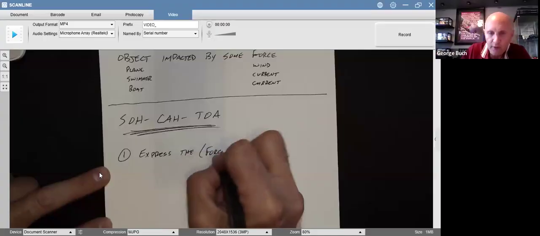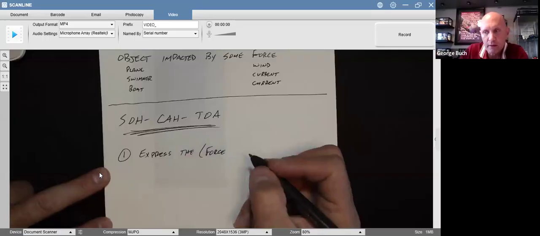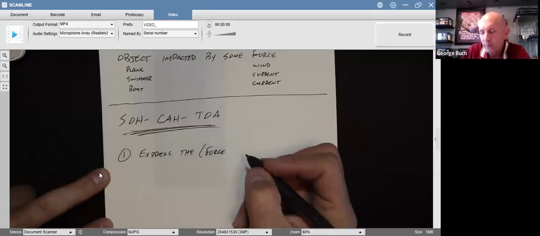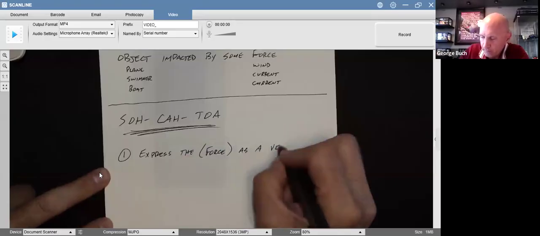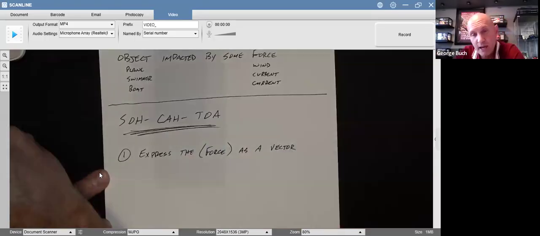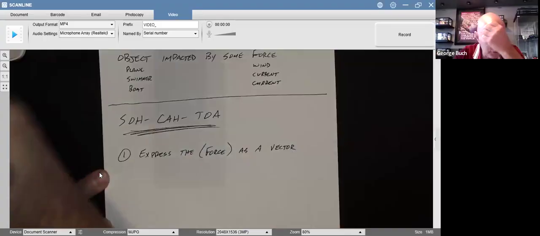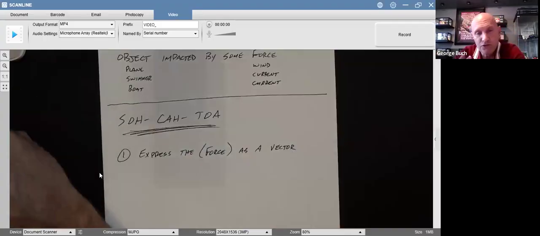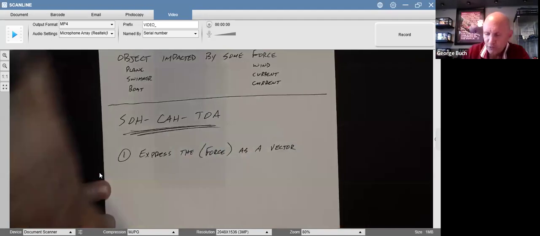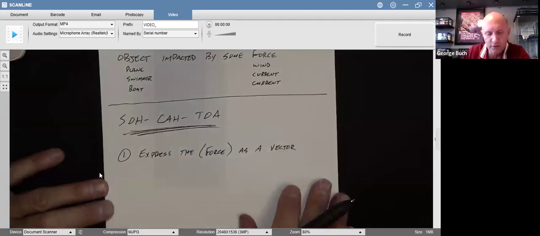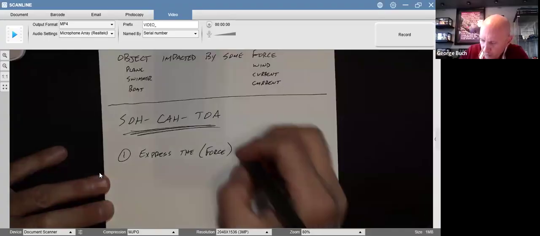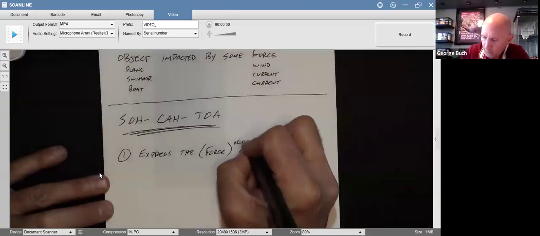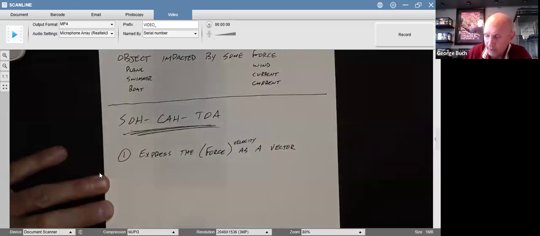So it could be express the river, express the wind, express the ocean current. It could be whatever. Express the force as a vector. It could be in terms of I or J. It could be in terms of components, like with the little arrows. But that's just the force by itself. So that one's pretty straightforward. It'll say express the wind velocity as a vector. I should probably put velocity. So express the force velocity as a vector.